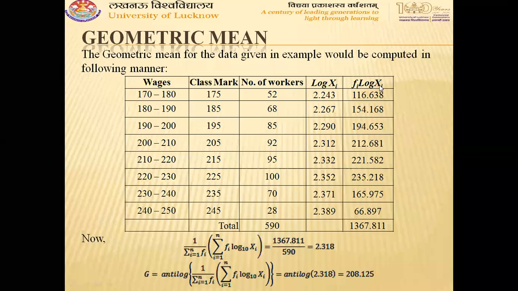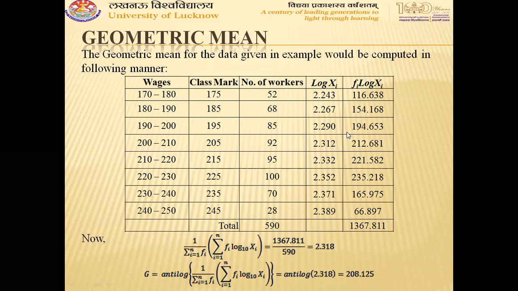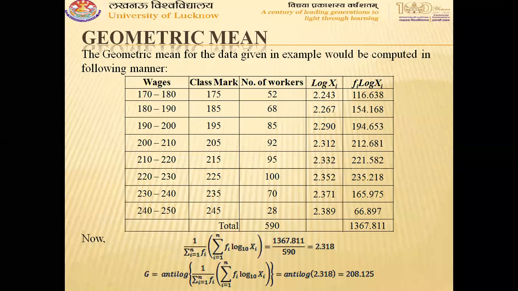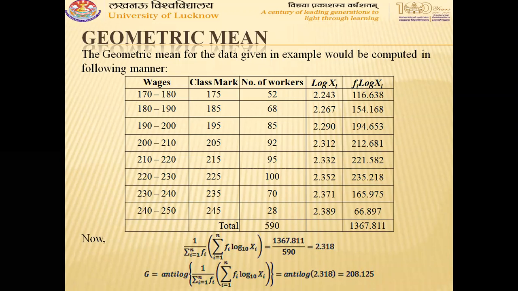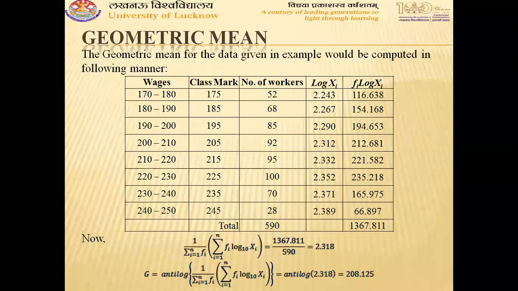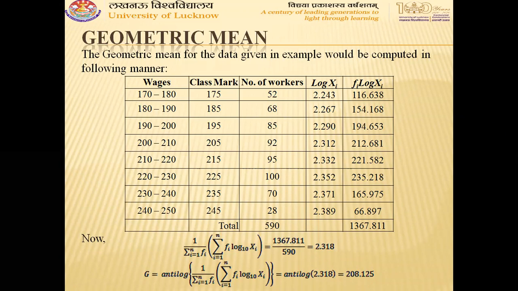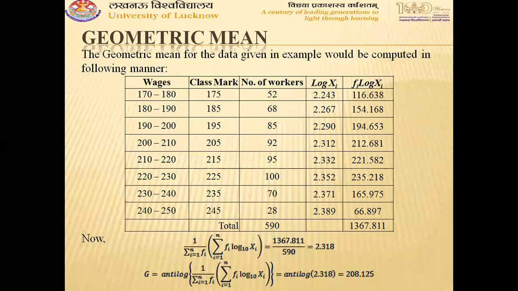Then these fi log xi's are added up, and the sum is obtained as 1367.811. Now this summation is divided by the total frequency, so 1367.811 divided by 519 is obtained as 2.318.